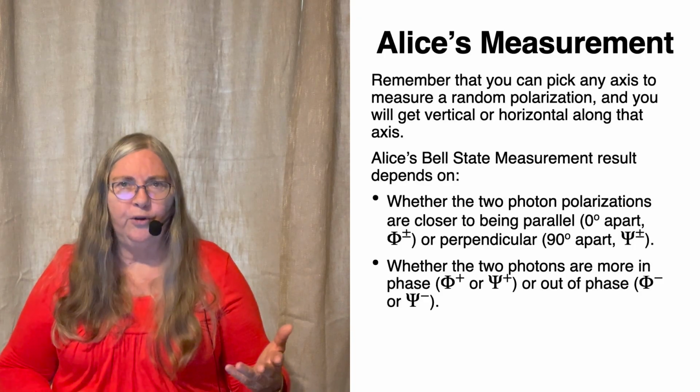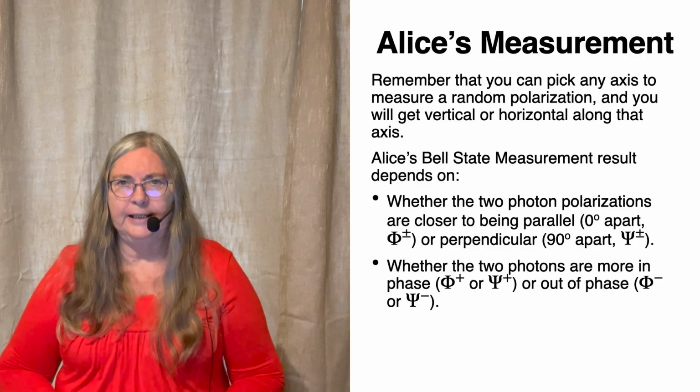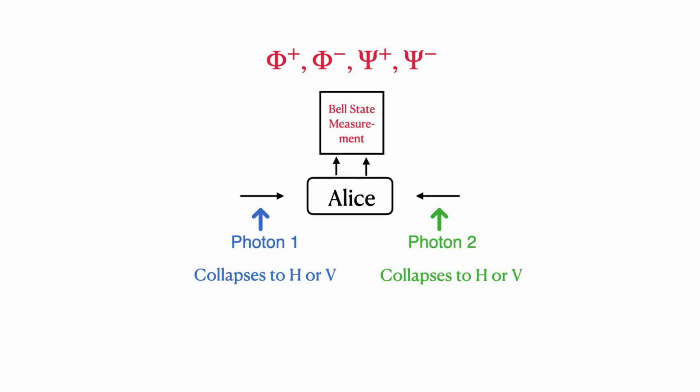She's also measuring whether they're more in phase or out of phase. After she makes the measurement, they're exactly parallel or perpendicular, and exactly in phase or out of phase. She records one of the 4 Bell states that she gets for each set of photons.